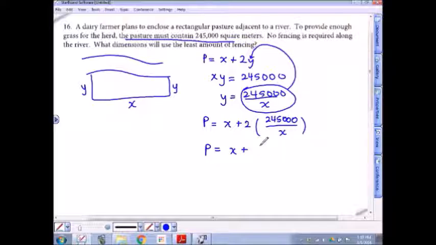I'm simplifying this a little bit. So there's a new formula for perimeter. It's in terms of just x. Once it's in terms of all the same variable, you can take the derivative. So we're going to take the derivative with respect to x.